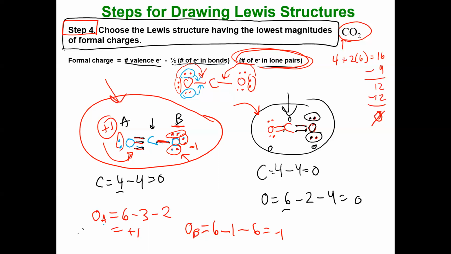So even though this structure, +1 -1, gives me the neutral compound of CO2, because +1 -1 cancels out, it doesn't have the lowest formal charges. This one does, because oxygen has the preferred formal charge of 0 with 2 bonds and 2 lone pairs. So that explains, using step 4, how to determine the lowest magnitude of formal charges in a Lewis dot structure to pick the preferred structure. So I hope that helps. Stay tuned for step 5.